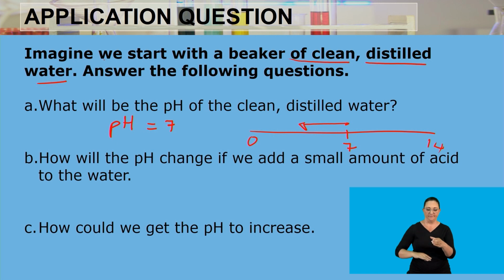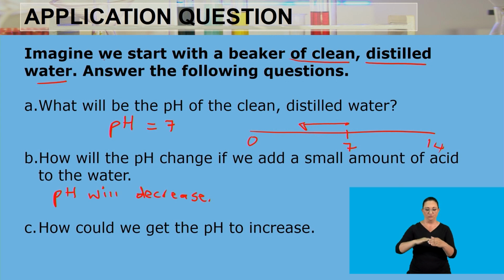So how will the pH change if we add a small amount of acid to the water? The pH is going to decrease. The solution is going to be more acidic or slightly acidic.